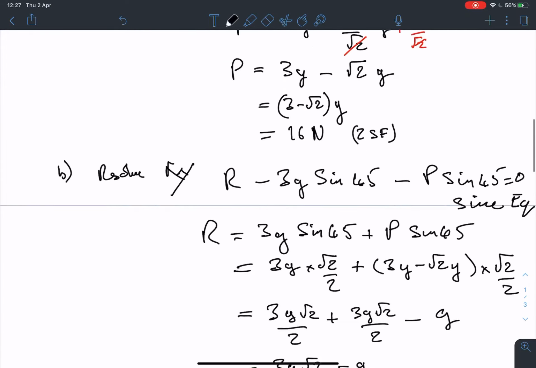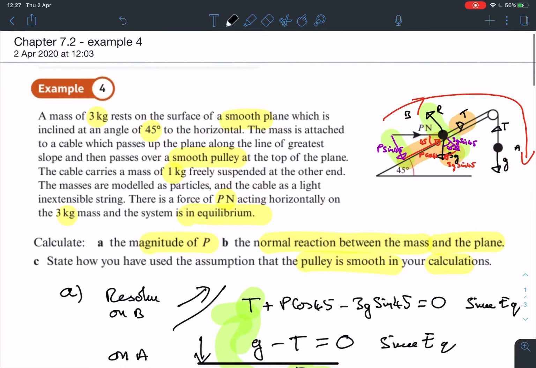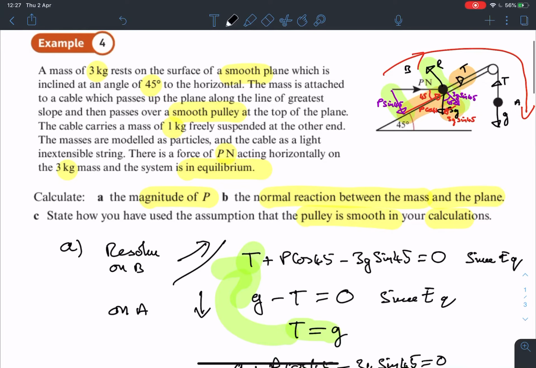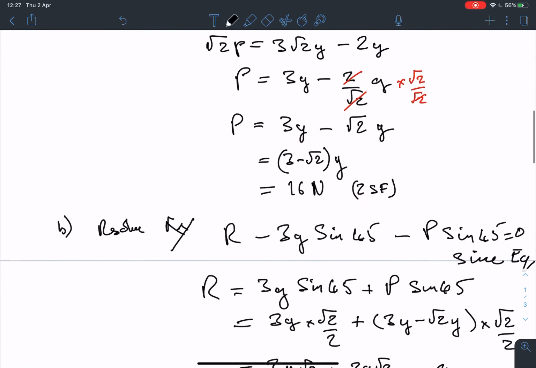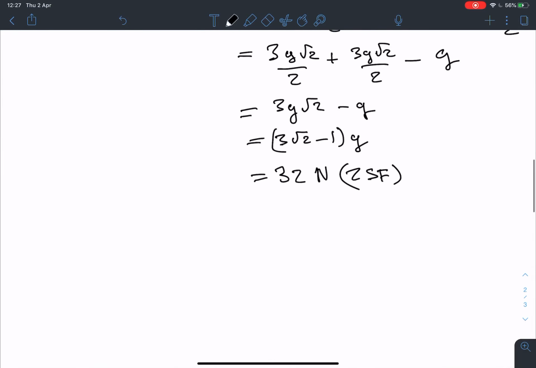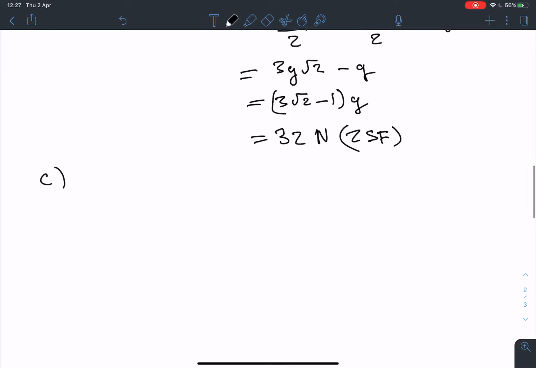Good. Okay, let's move back to the question and check again. Part C, we've got there. State how you have used the assumption that the pulley is smooth in your calculations. So we've already really said it earlier on.